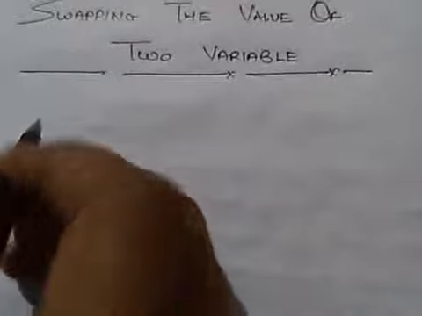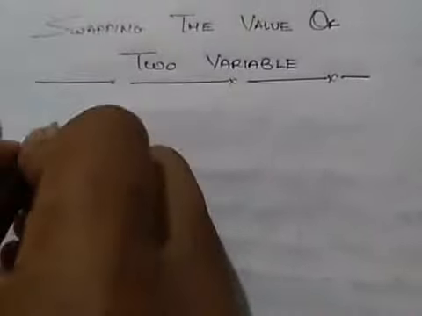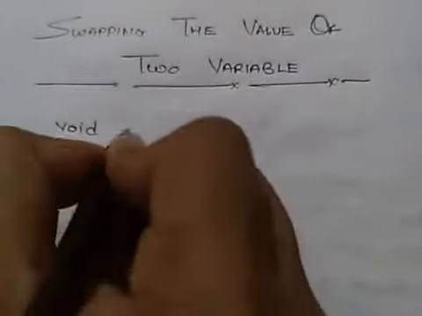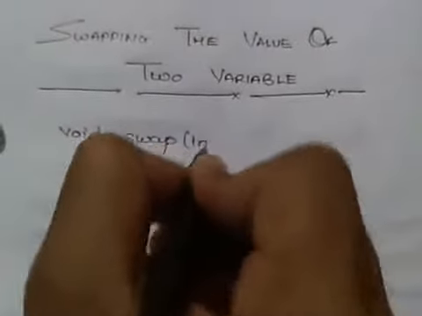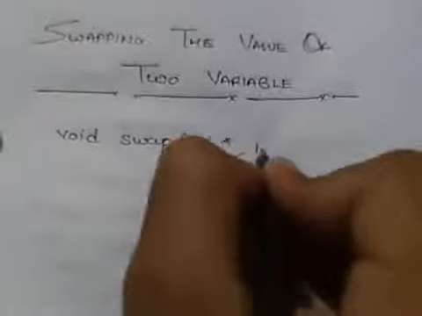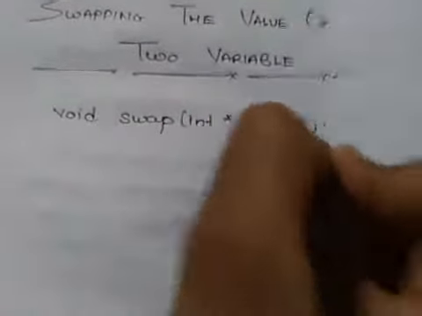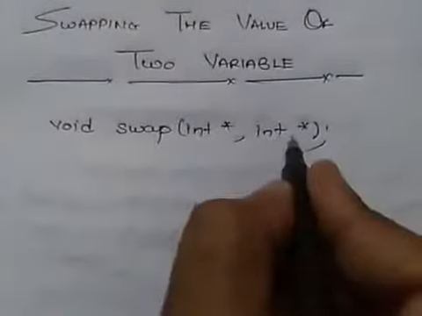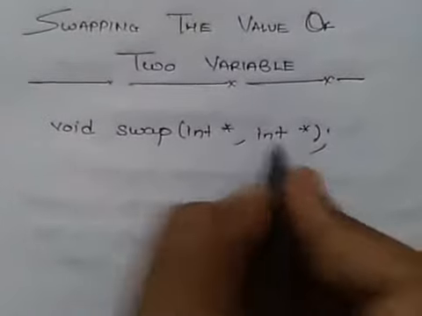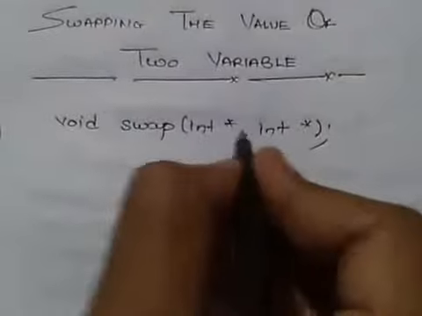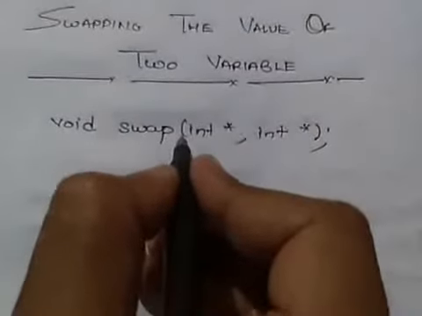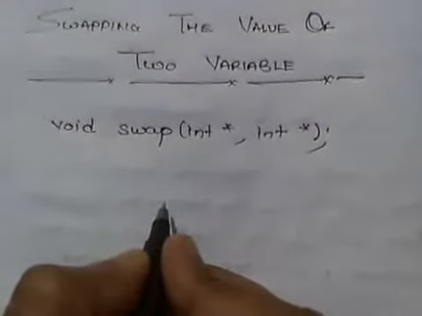Let us take a function named swap. Inside the swap function we have taken two pointers, for the two variables. So this is the function declaration. This function will be defined later according to our use.